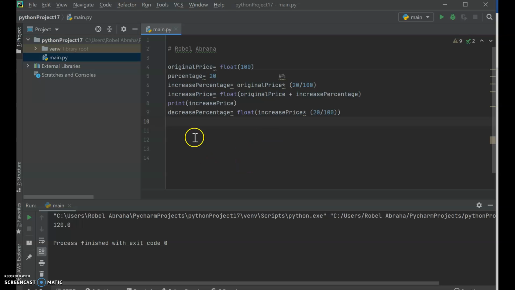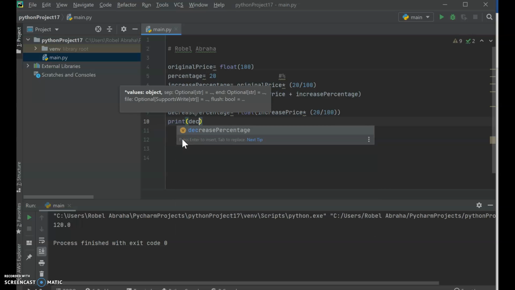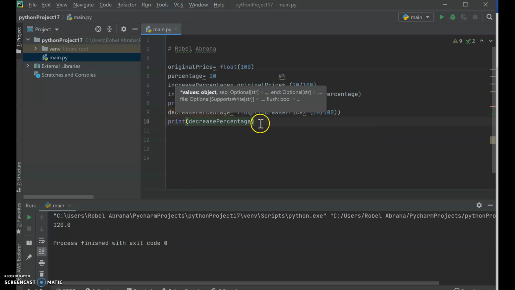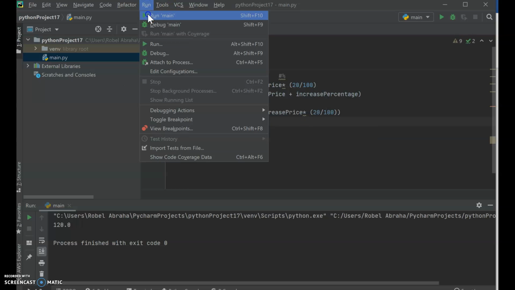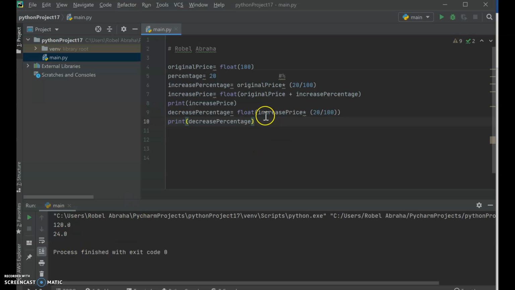So here it will give us the decreased percentage of the increased price. If we run our program, let's give it output, decrease percentage. It should be 24. So the decrease of the increased price by 20% is going to be 24.